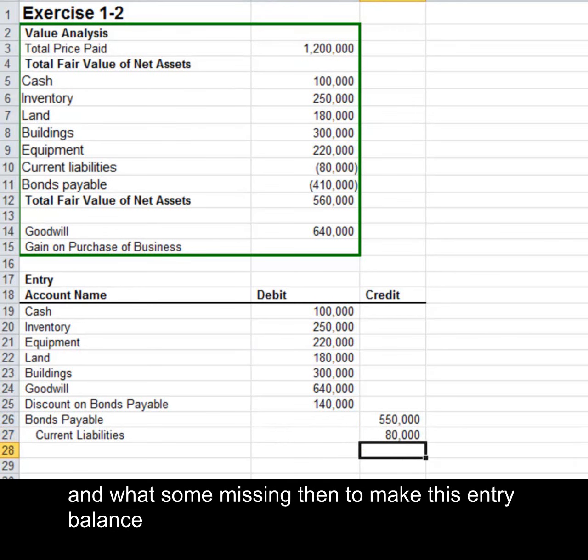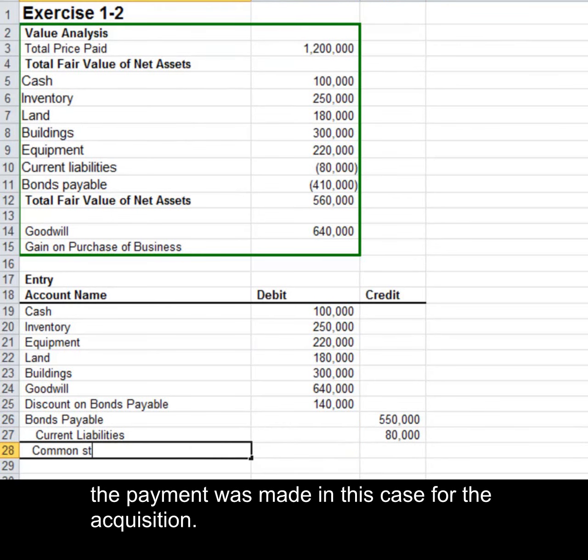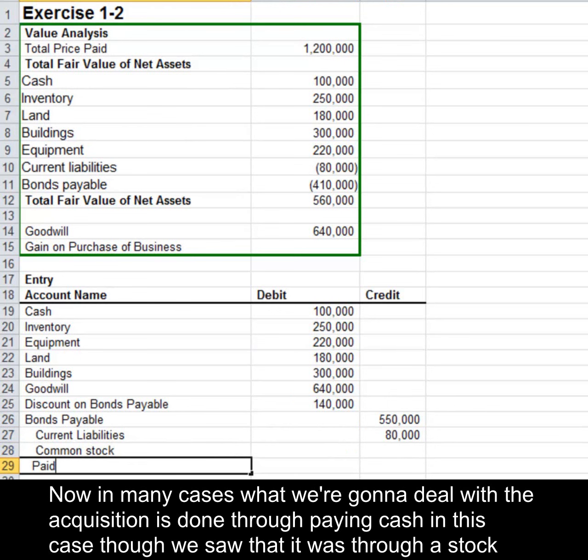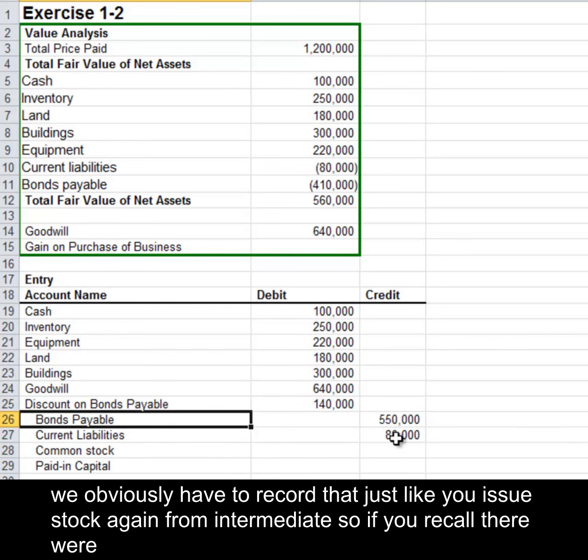What's missing then to make this entry balance is how the payment was made for the acquisition. In many cases, the acquisition is done through paying cash. In this case, though, it was through a stock issuance. So when there's a stock issuance, we have to record that just like you issue stock in intermediate.